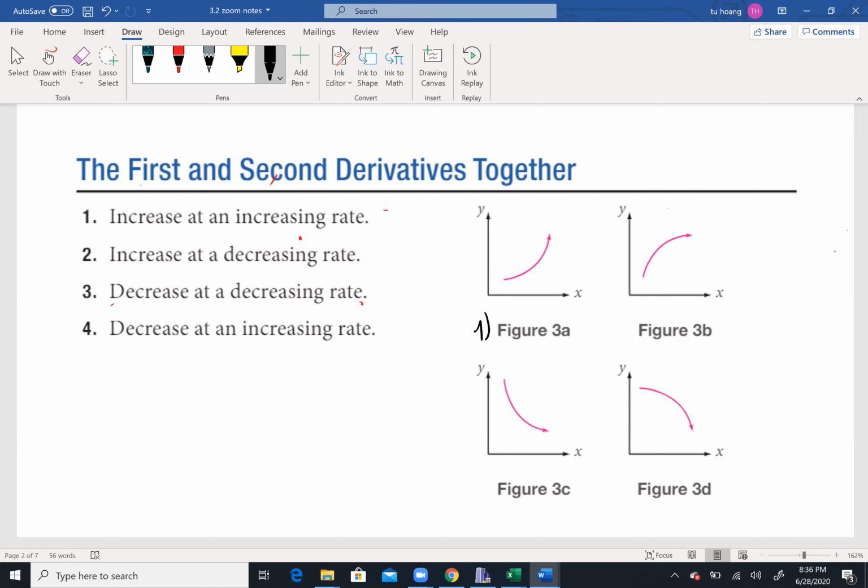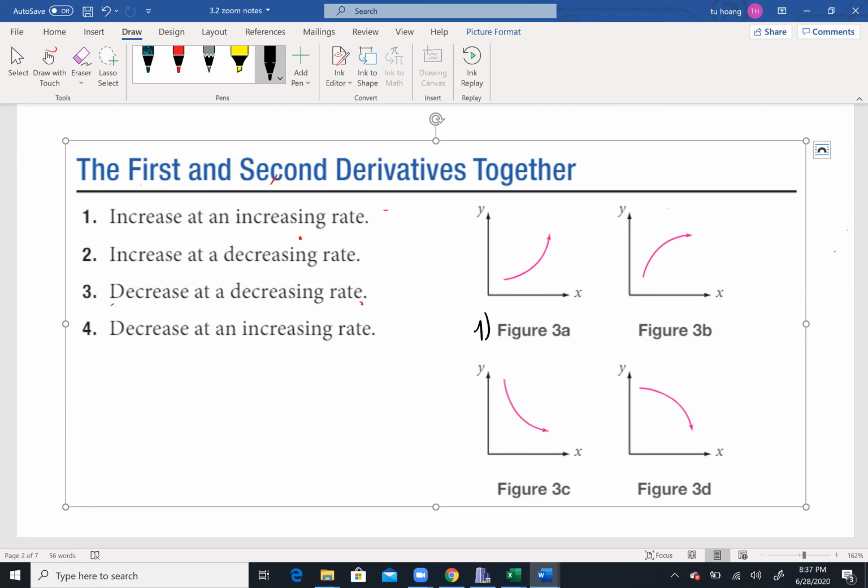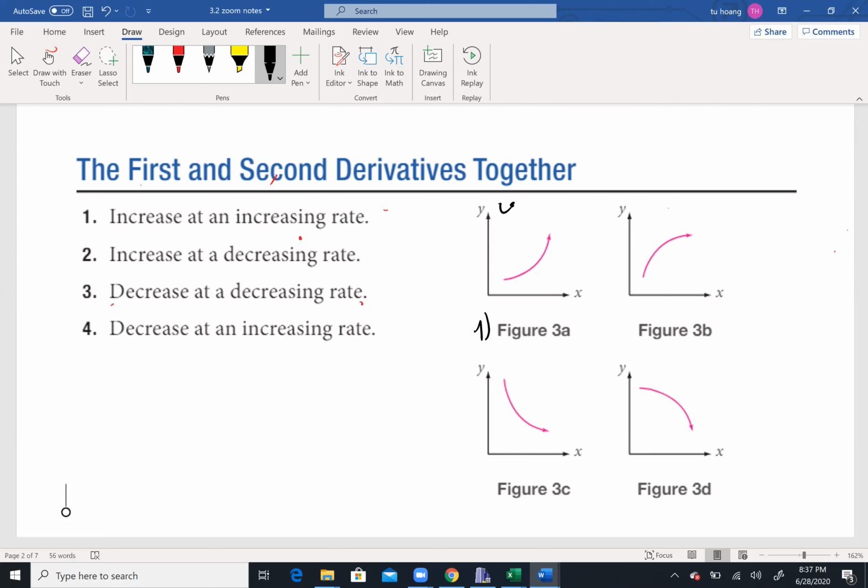You can see that this figure has a graph that is increasing upward, right? Then what does that mean? That means the function increases at an increasing rate.